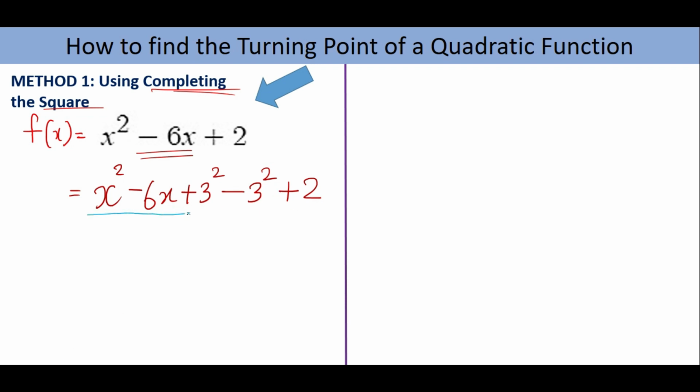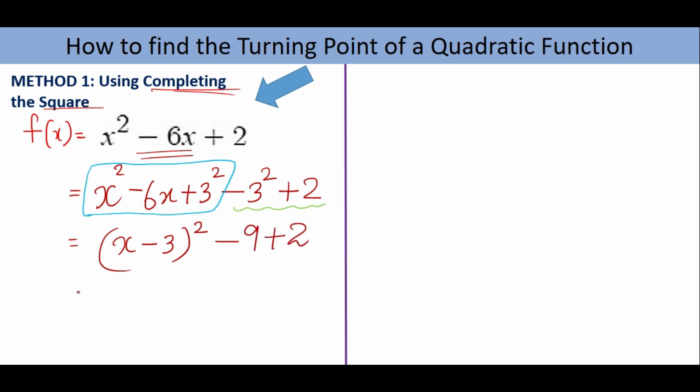Now to complete my square, I just need these three terms, giving me x minus 3 the whole square. So you can see that if you want to cross-check, when you expand this, you get these terms back. And dealing with these terms separately, this is minus 9 plus 2. So my answer will look like x minus 3 the whole square minus 7.